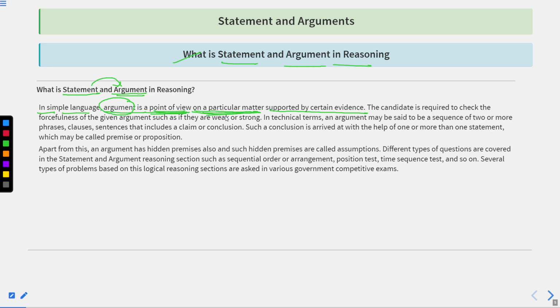And then there will be another statement which is saying that students are utilizing their mobile phones in order to socialize. Both the statements, if you can see, somehow, somewhere are being evident from the statement.